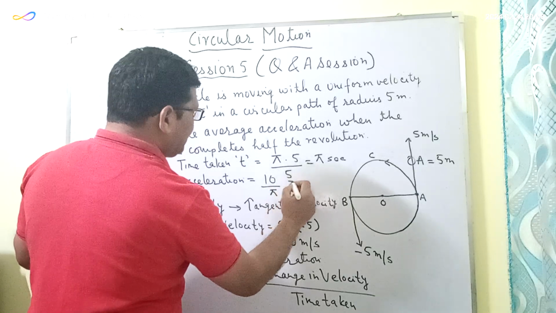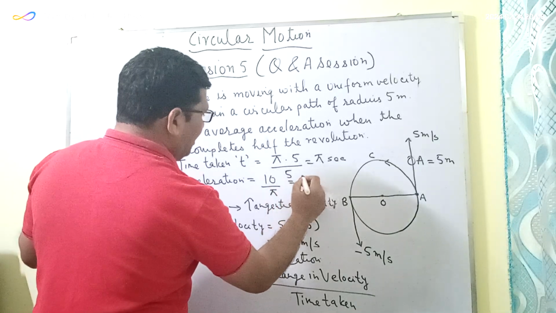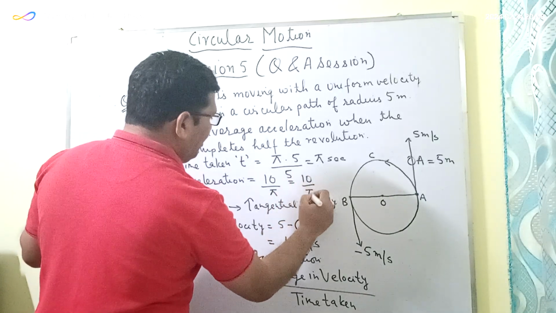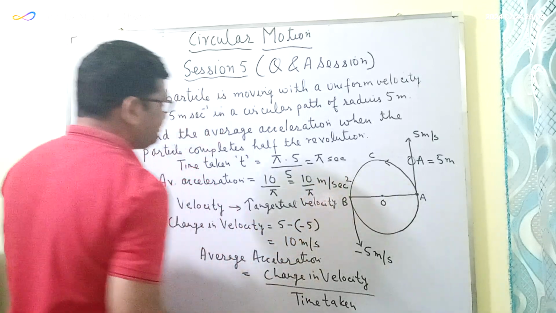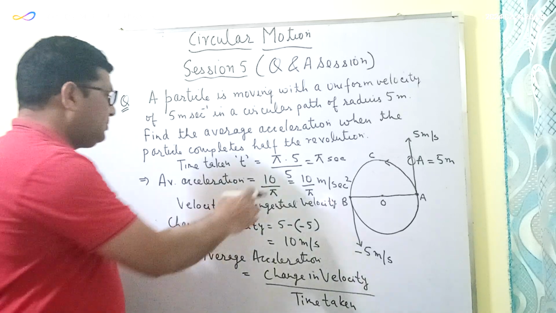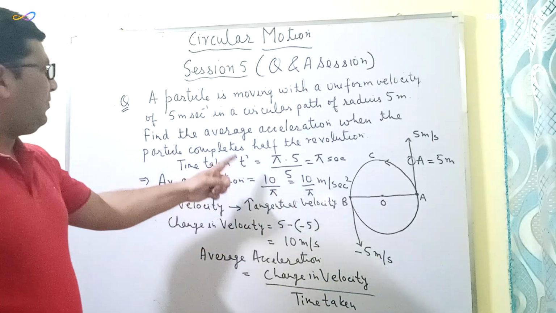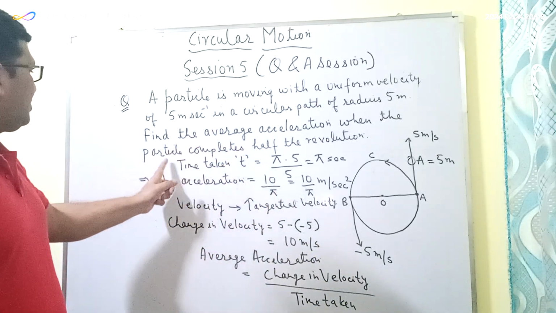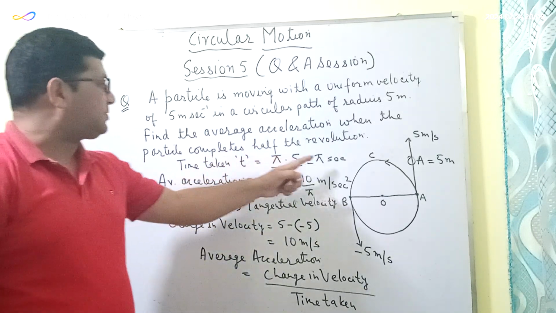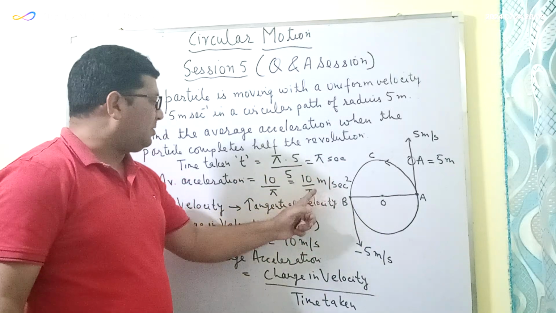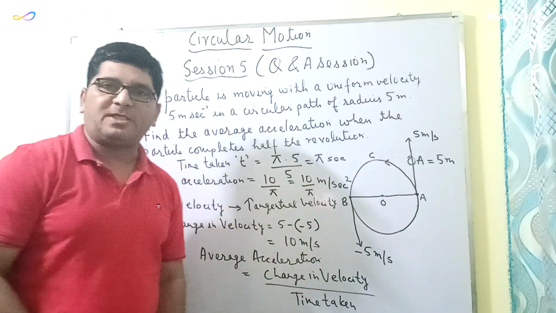So the average acceleration will be equal to 10 upon pi meter per second square. So the average acceleration of this particle when it completes half the revolution will be equal to 10 upon pi meter per second square.